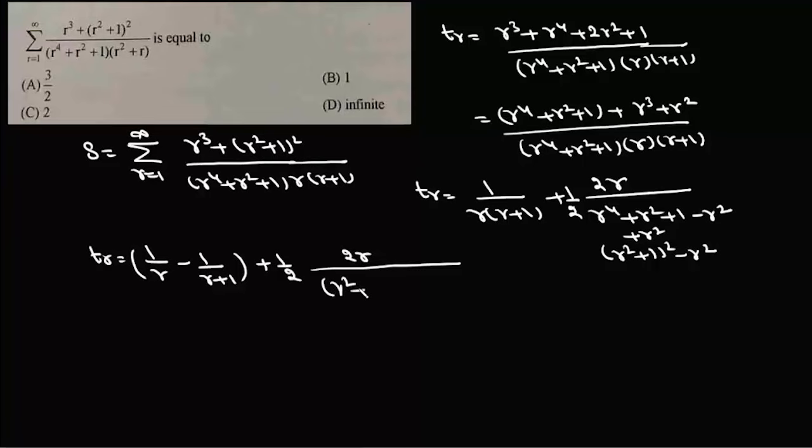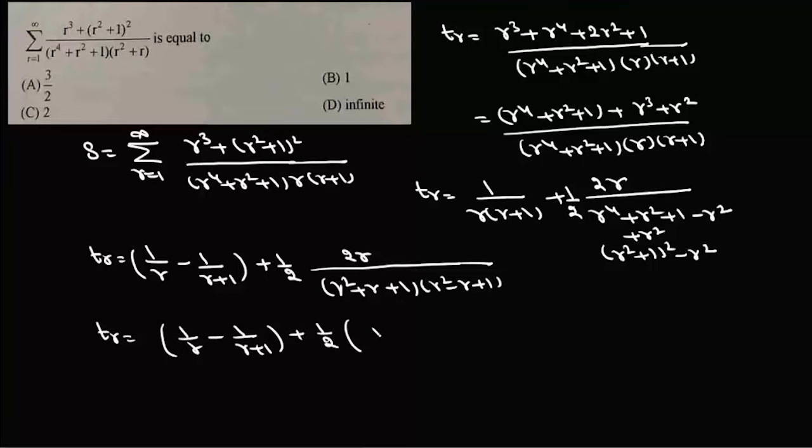So it will be (r square plus r plus 1) into (r square minus r plus 1). Now we can write this as 1 upon r minus 1 upon (r plus 1) plus 1 by 2 times [1 upon (r square minus r plus 1) minus 1 upon (r square plus r plus 1)]. So that's a general term.